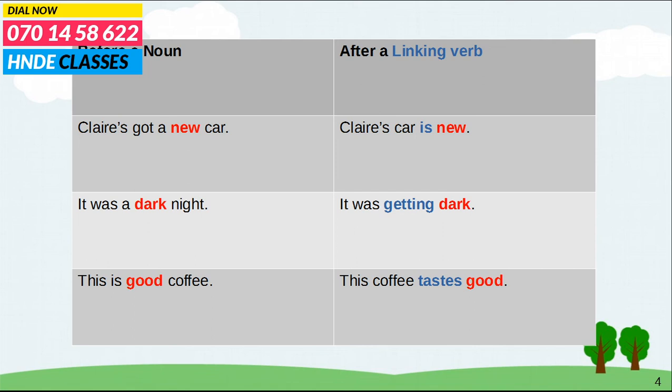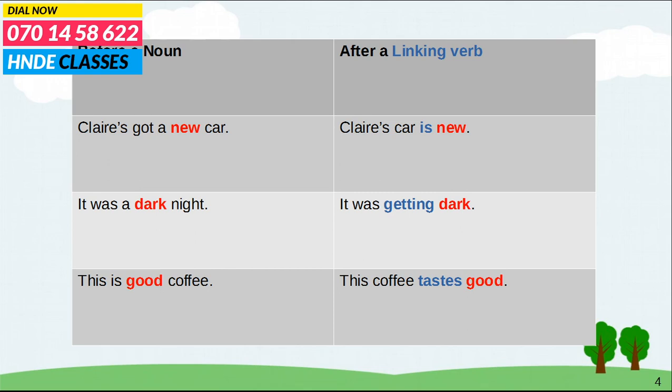Coming to column number 2, we will be elaborating about the adjectives that come after a linking verb. In other words, a predicative adjective. Claire's car is new.